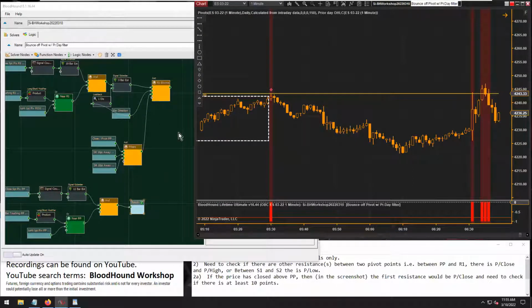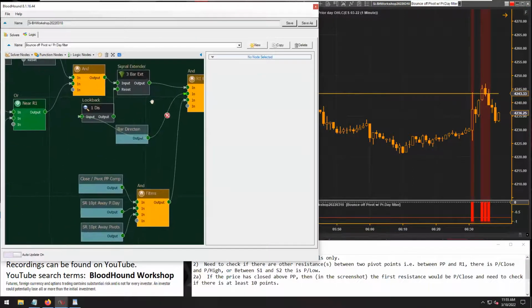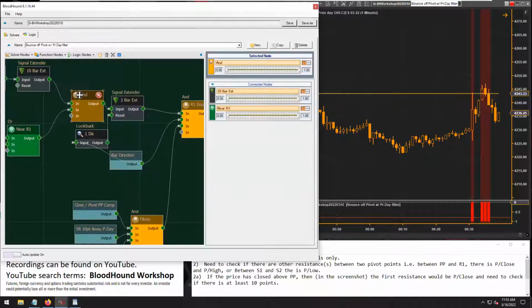And so looking at what we did above here, this AND node actually is, what should we call this? I guess we could call this the raw bounce.